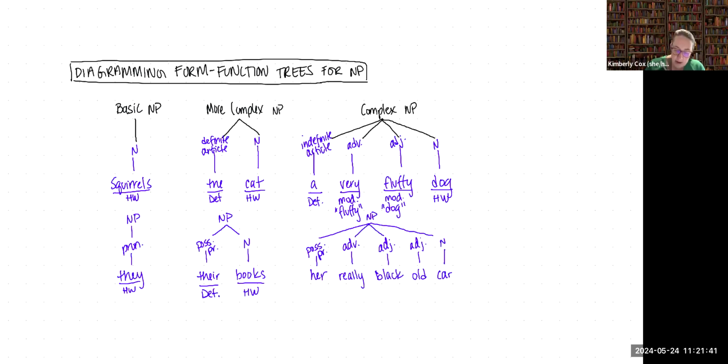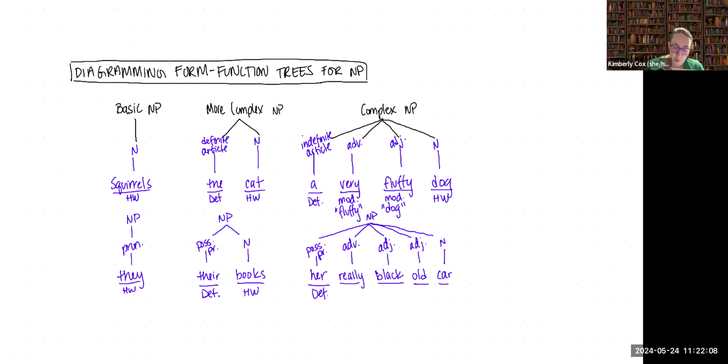And so really the question on the table is what the function of all of these words is. So her is going to be a determiner. Really is an adverb. So we're not saying her really car. We're saying her really black old car. It would be different if we were saying her black really old car.